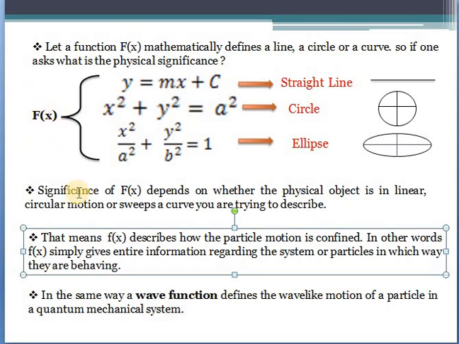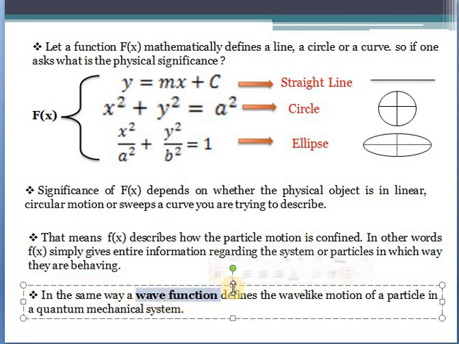Similarly, in a quantum mechanical system we define the wave-like motion of a particle confined in it by a wave function.